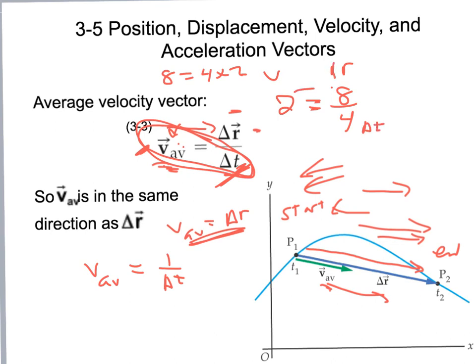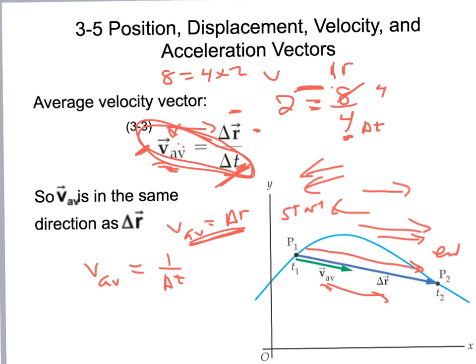So if we want to look at v and r, they're directly proportional to each other. So this is going to stay constant. If we cut 8 in half and make that a 4, then what happens with our 2?